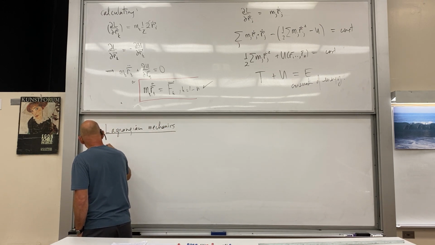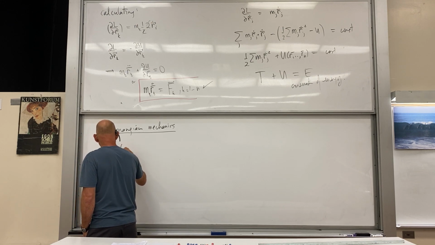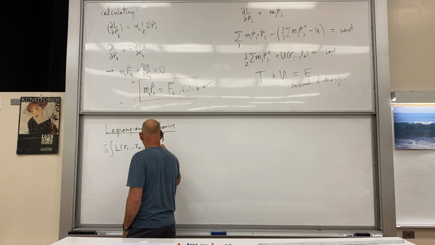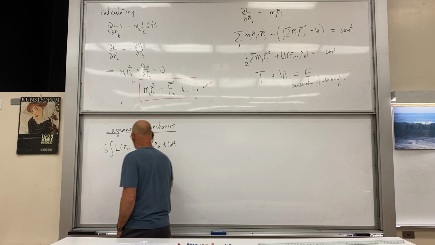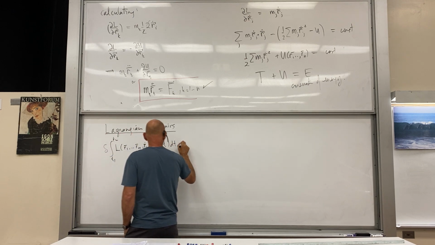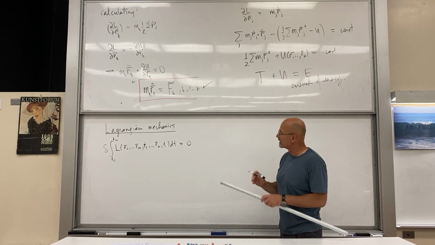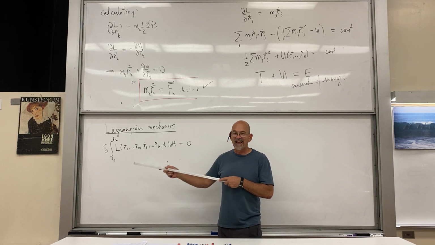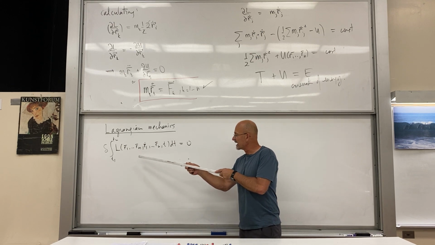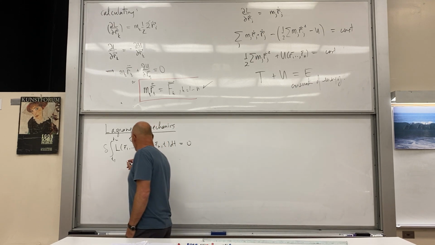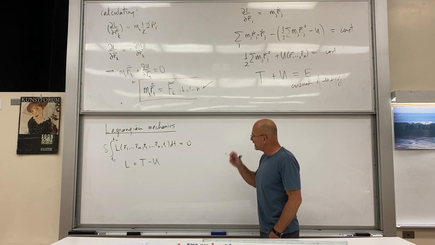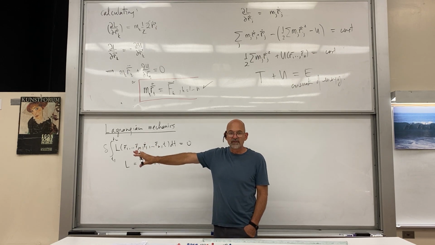So now that we know what these ingredients mean, I'll just always write this here as a shorthand. And the advantage of having a principle like this is that we're dealing with a scalar. So the Lagrangian, kinetic minus potential energy, is a scalar, and as such, it's going to mean the same thing regardless of what coordinate system we use.